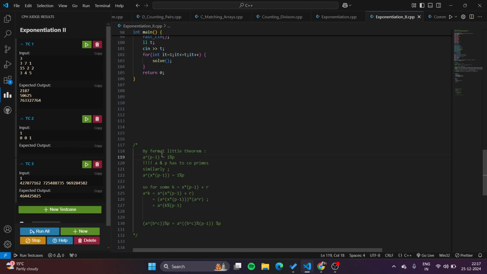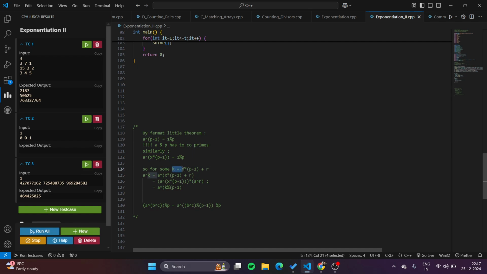Now, we are basically trying to change what's given to us, that is a raised to power b raised to power c, to something like this format. So for some k, which can be written in terms of p minus 1 as this, r is the remainder, you can write a raised to power k as this, of course, right? When you simplify this whole term, it will multiply itself, and you know the value of this is 1.